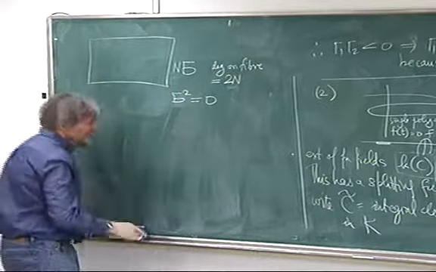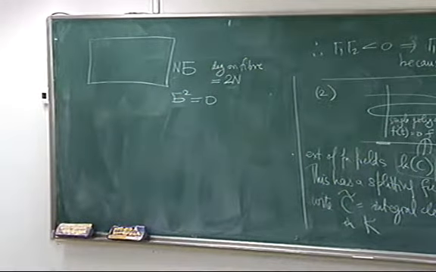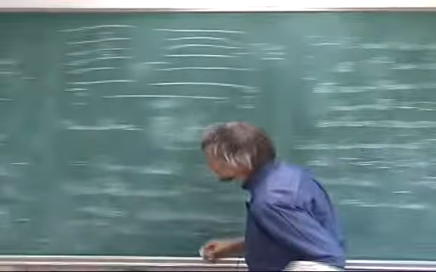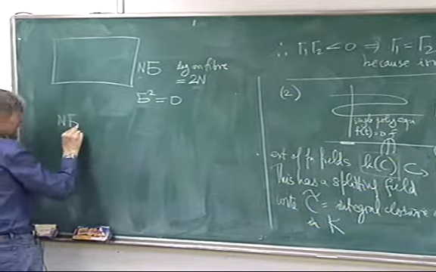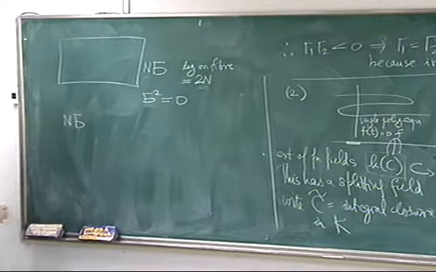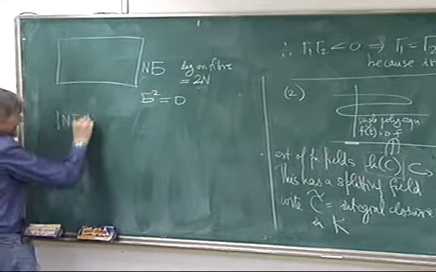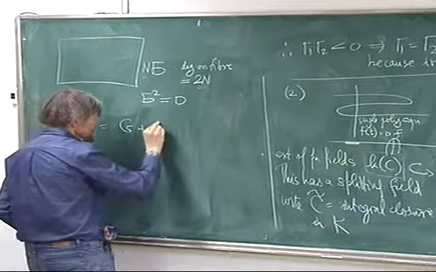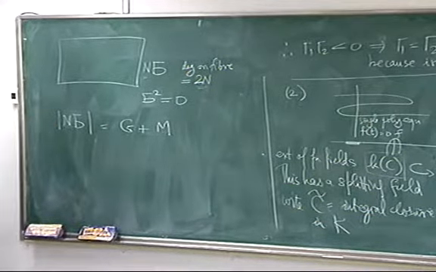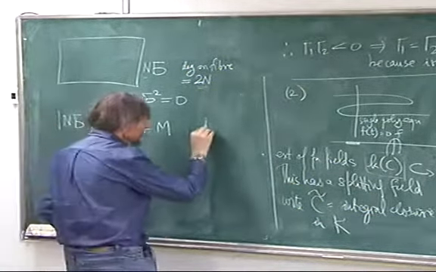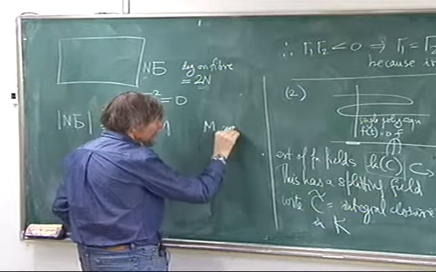Let me call the fixed locus G; I don't want to say F because I've already got an F. So I look at nB, which is G plus M, and M is mobile.